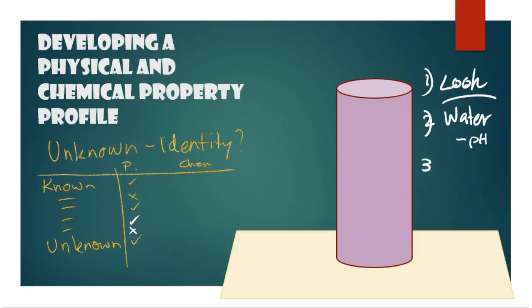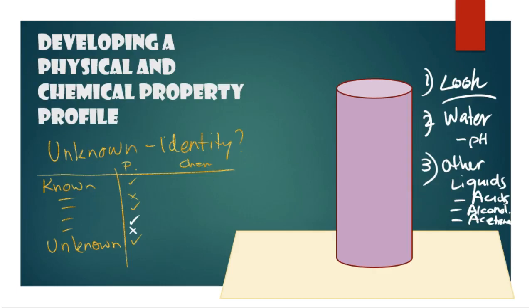The third thing you're going to be doing then is mixing it with other liquids. Okay? That will depend on the lab, but some of them will be acids, some of them may be alcohol. There's even acetone we can use there. So you're going to be mixing it with other liquids and checking its physical and its chemical characteristics. Does it dissolve? Does it react?